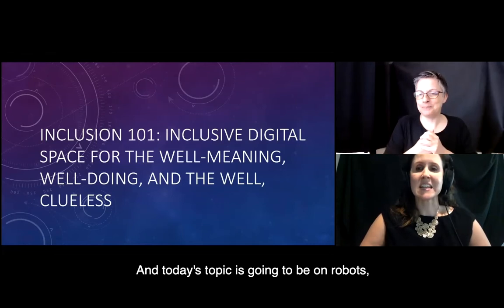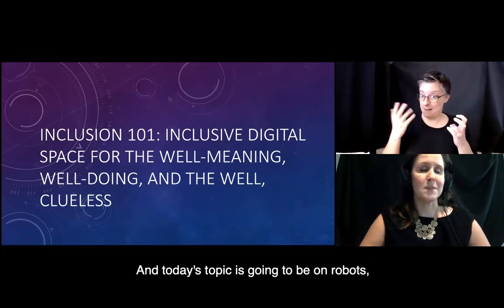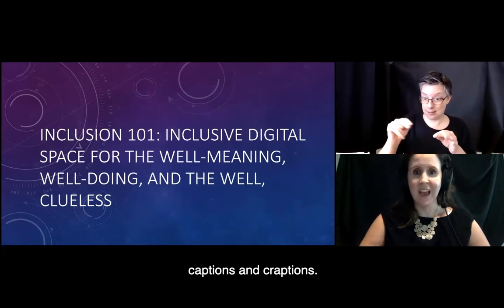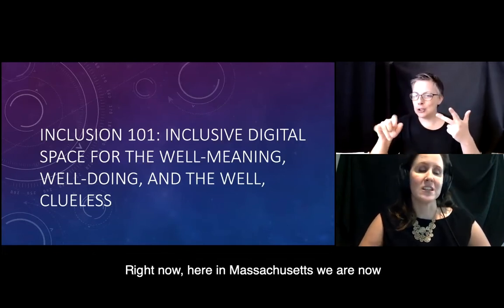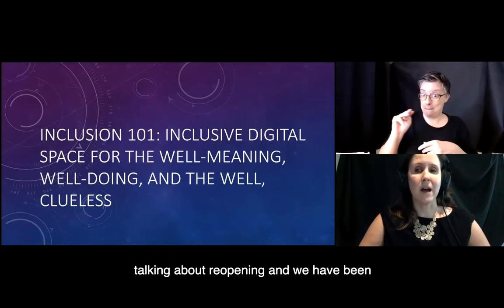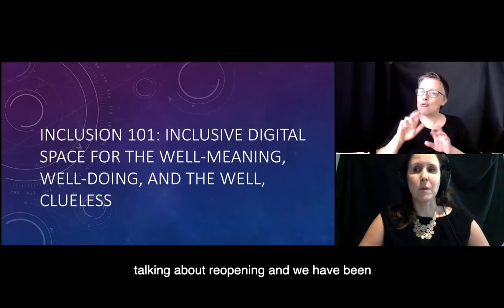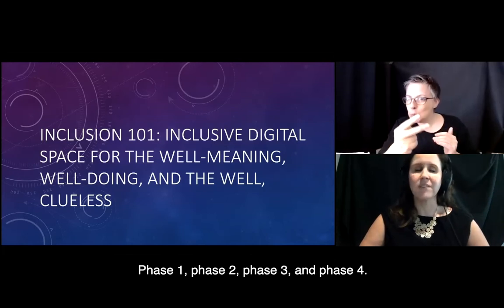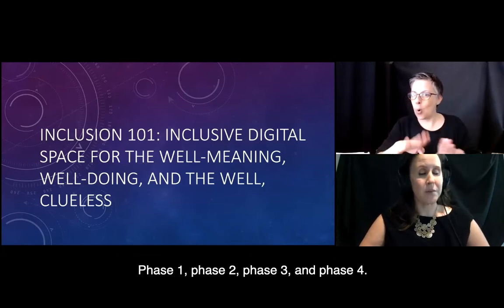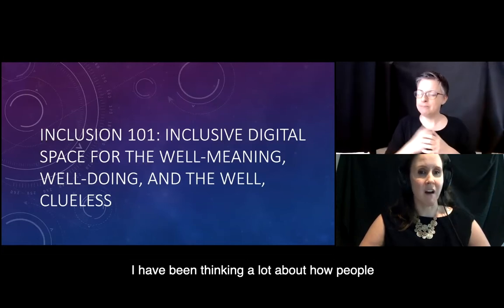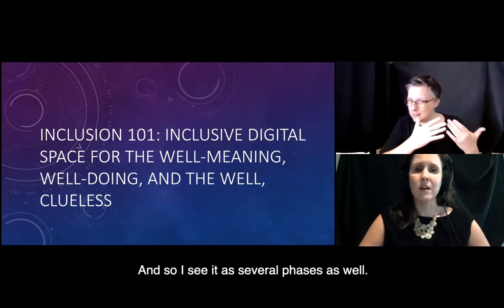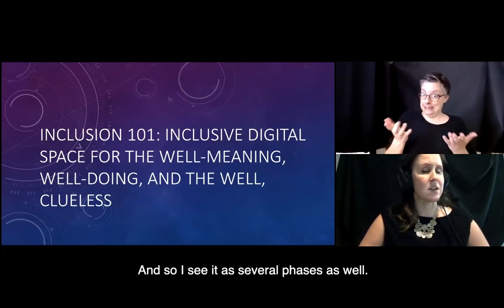And today's topic is going to be on robots, captions, and craptions. Right now, here in Massachusetts, we are now talking about reopening, and we've been talking about it in phases: phase 1, phase 2, phase 3, and phase 4. I've been thinking a lot about how people with disabilities fit into all of these different phases. And so I see it as several phases as well.